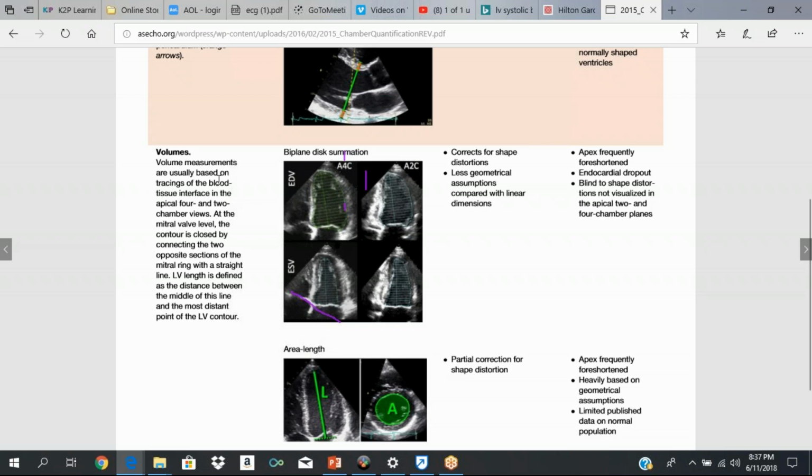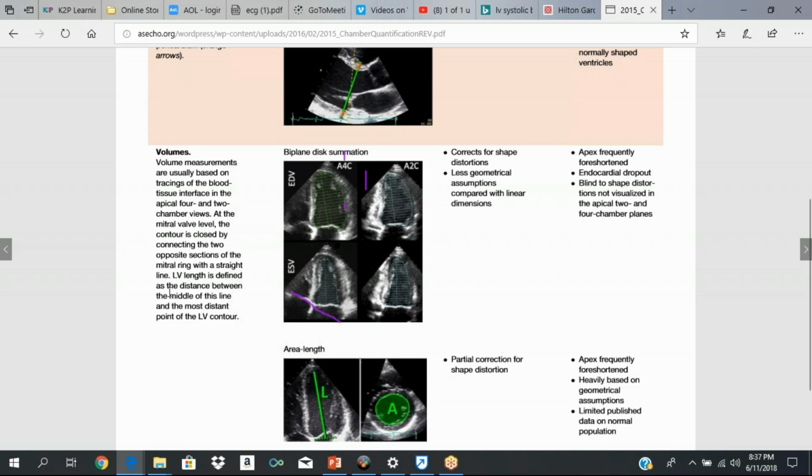Volume measurements are usually based on tracings of the blood tissue interface in the apical 4 and 2 chamber views and the mitral valve level. The contour is closed by connecting the two opposite sections of the mitral ring with a straight line.